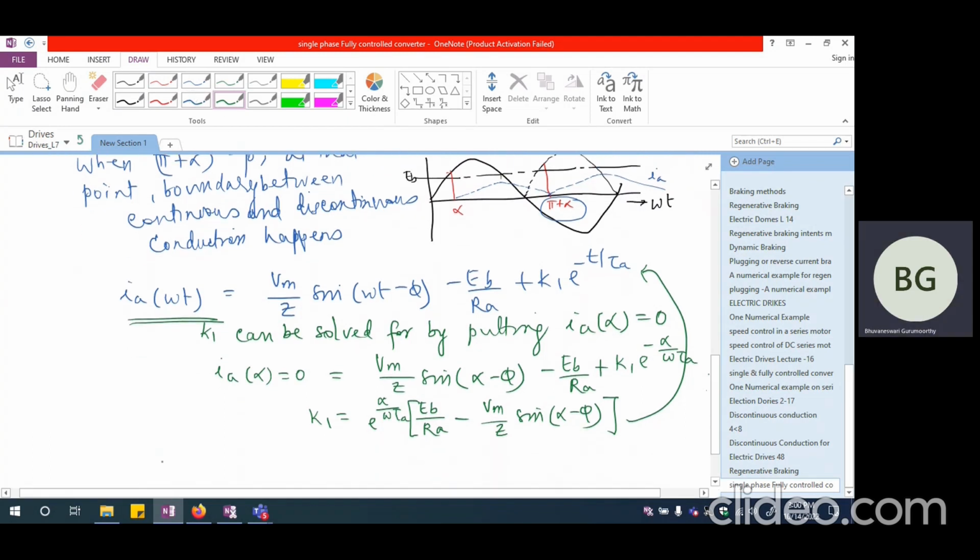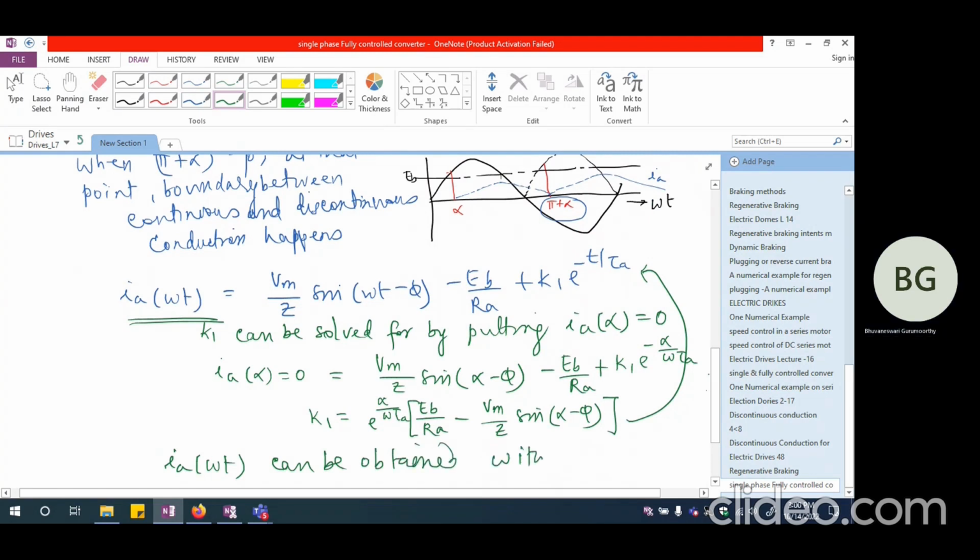So i_a(ωt) can be obtained with this substitution.